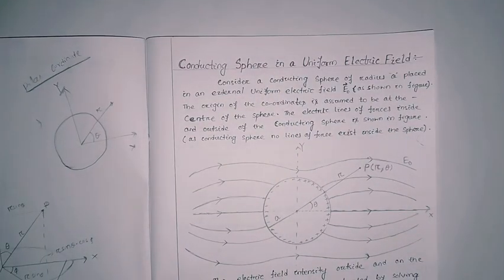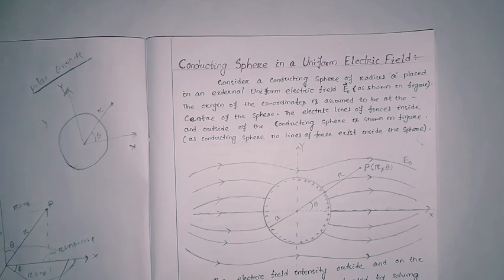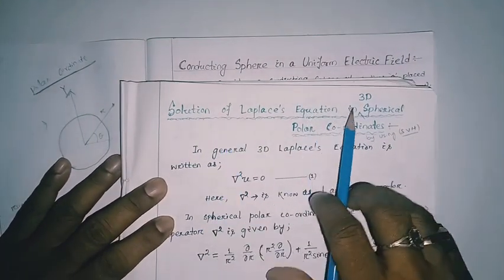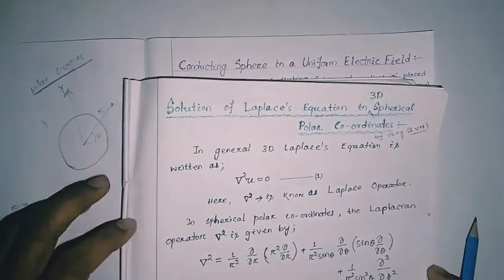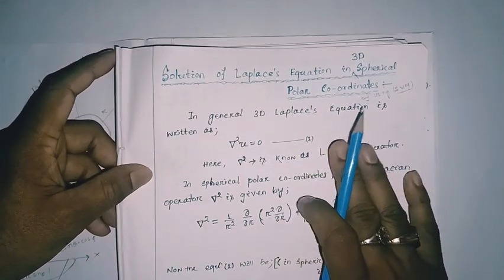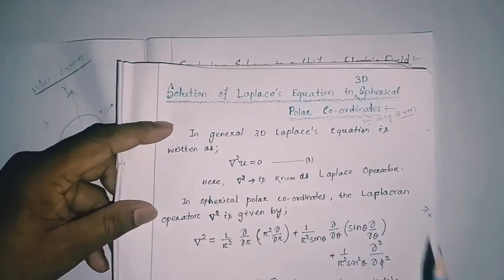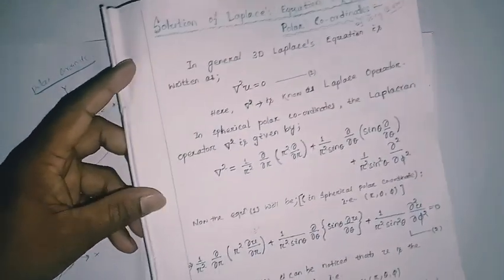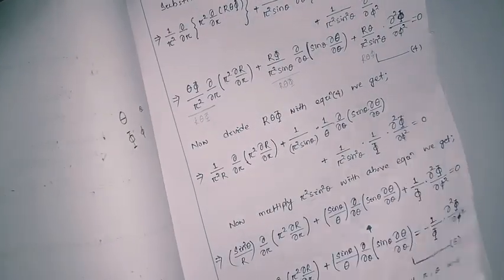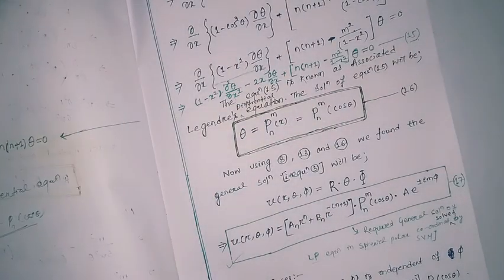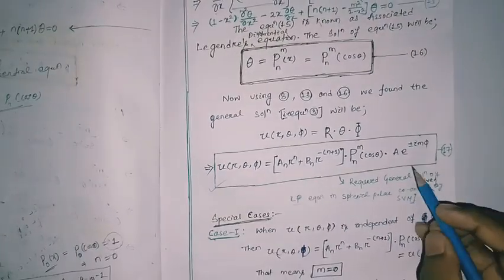This was done with the help of the Laplace equation in spherical polar coordinate system, and this is the derivation of the solution of Laplace equation in three-dimensional spherical polar coordinates. You can find it in my playlist on this topic. Finally, we get the solution of Laplace equation in spherical polar coordinate system as this one.